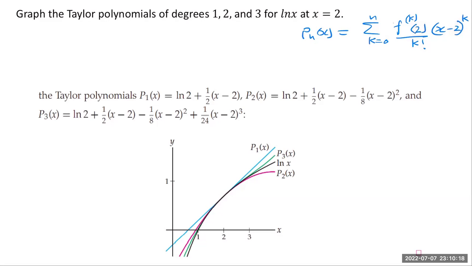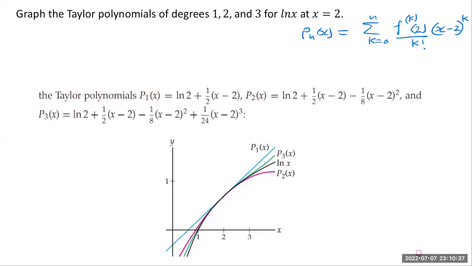All right, so now what are we supposed to do? We are asked to find the first, second, and third Taylor polynomials. So how do you find these polynomials? All you need to do is plug in n is equal to 1, 2, and 3.